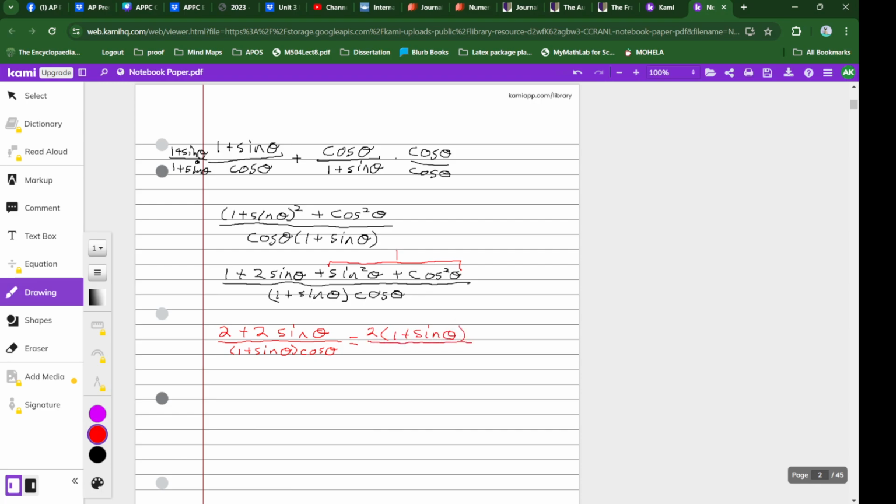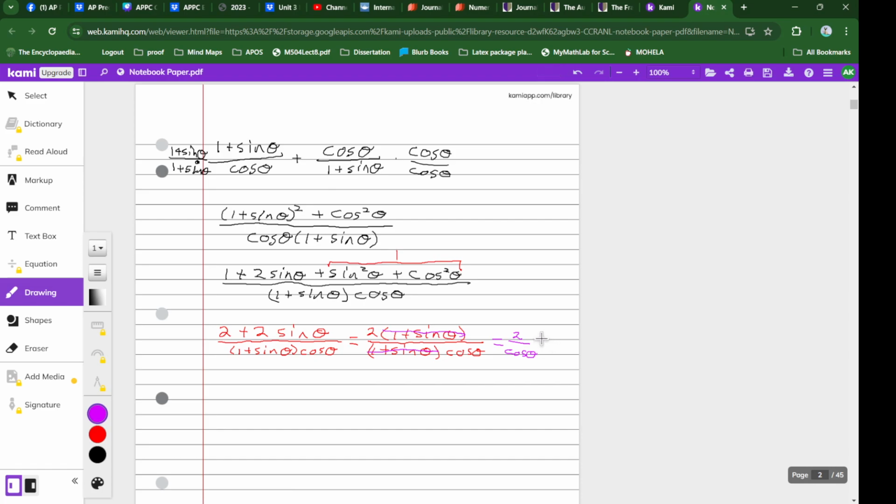And that's going to be divided by 1 plus sine theta times cosine theta. Well, I see that I can cancel out those values, meaning this is just 2 over cosine theta.